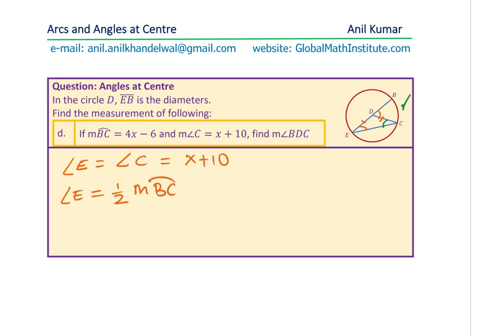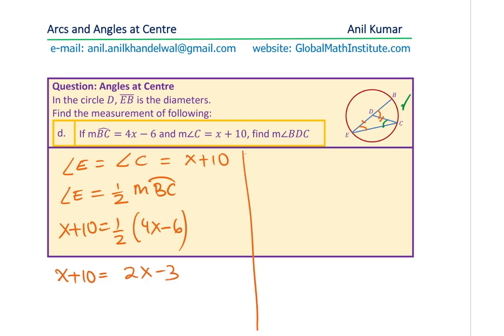So that means that x plus 10 equals half of the measurement of BC, which is 4x minus 6. Is that clear to you? So we do get an equation. We can simplify this, and we know half of 4x minus 6 is 2x minus 3. Now bringing the variables together, we can actually solve this equation.